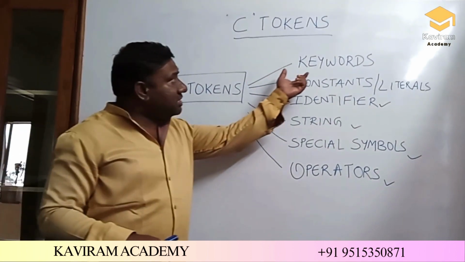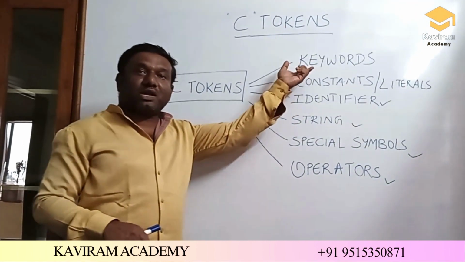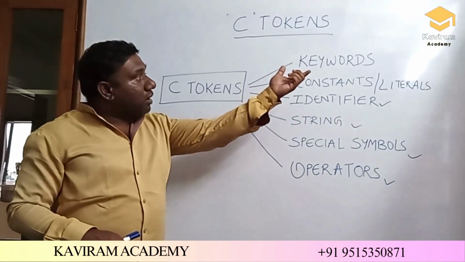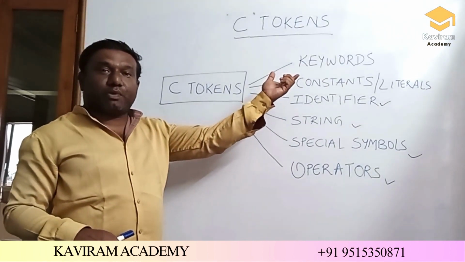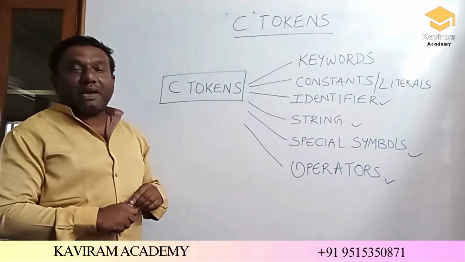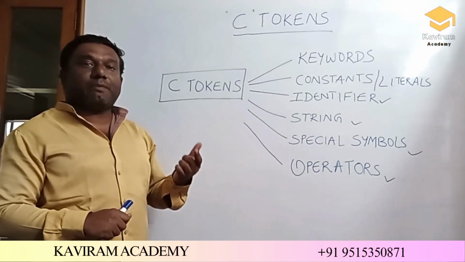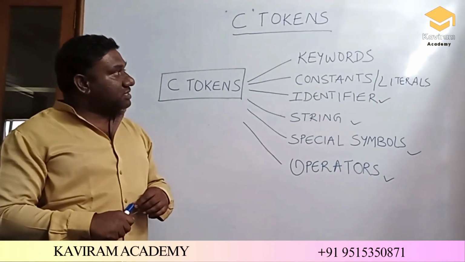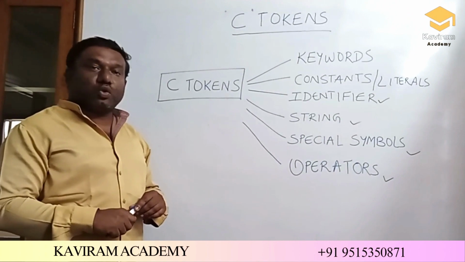The first one is keywords. So what are keywords? Keywords are specific names that exist in your C program. Whenever your C compiler sees these keywords, it understands that it needs to do a particular task. In your previous sessions, we have seen keywords. In C, we have 32 keywords.